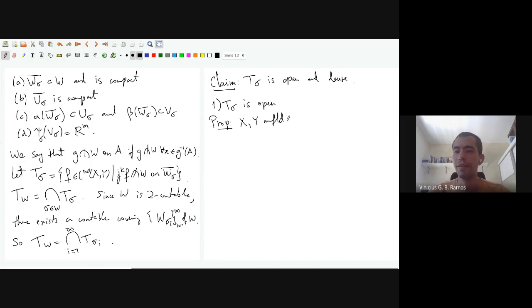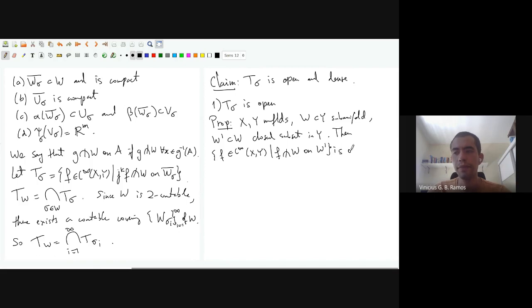So the proposition that we proved last time, and I'm going to slightly modify it, is the following. Let X and Y be manifolds, and W be a submanifold of Y. And let's say that W tilde is a closed subset of W, closed subset in Y. Then the set of functions which are transverse to W on W tilde is open.